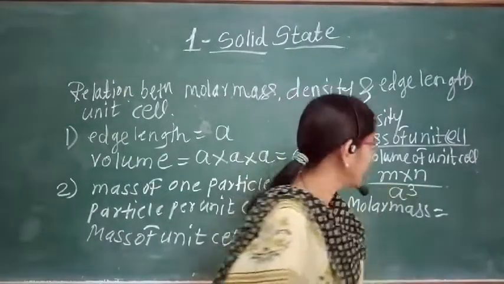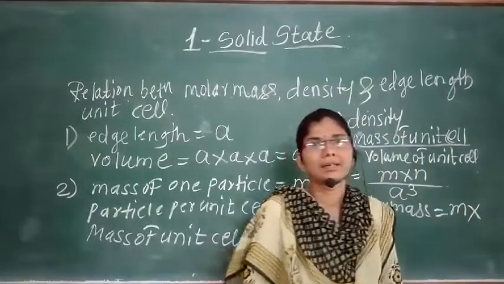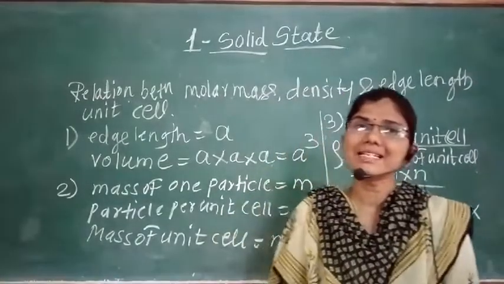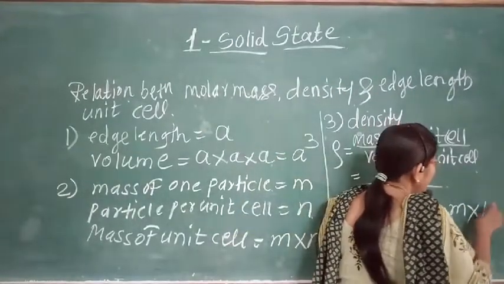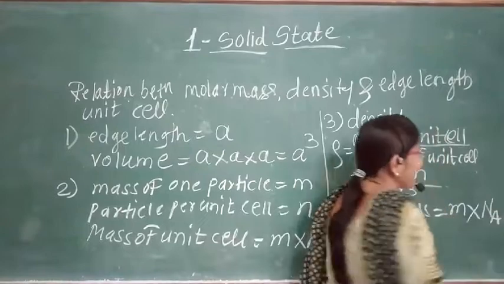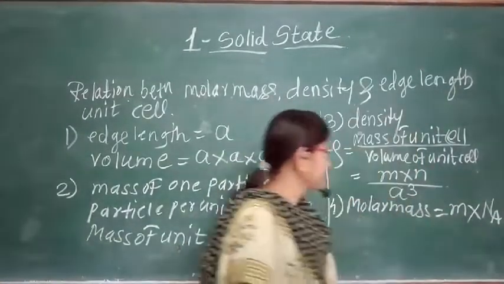The mass of the particle is small m, and per mole means it contains Avogadro's number of particles, therefore m into Na. Na means Avogadro's number of particles.